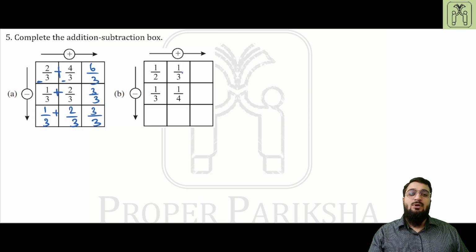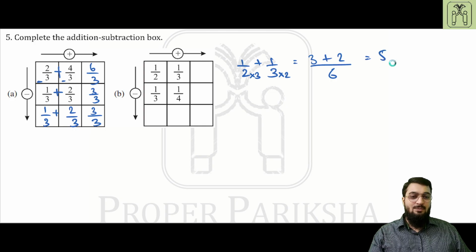This one will involve one additional step, that is making the denominators equal to each other, and that will make 1 upon 2 plus 1 upon 3 as 2 will be multiplied by 3 and 3 will be multiplied by 2, so that will give 3 plus 2 upon 6, and that is 5 upon 6.